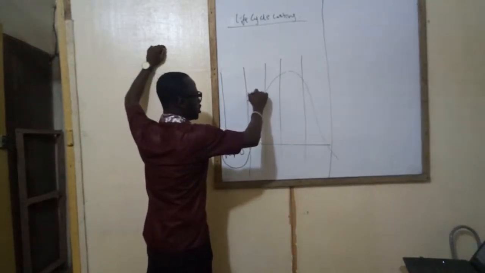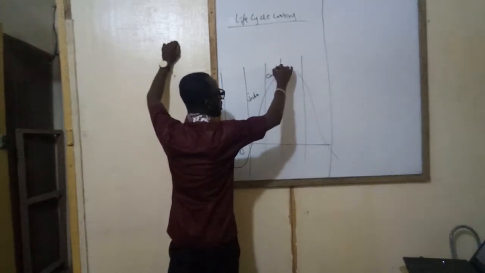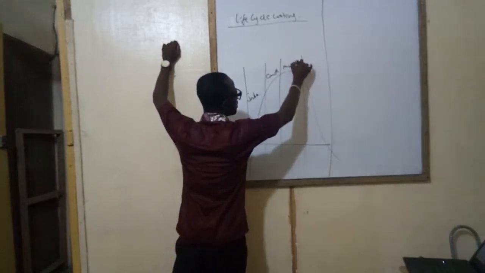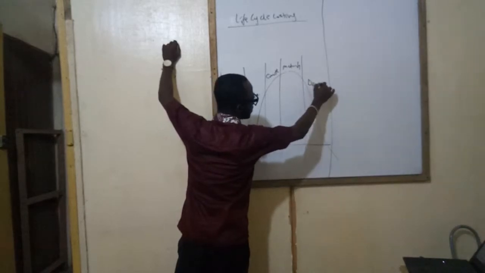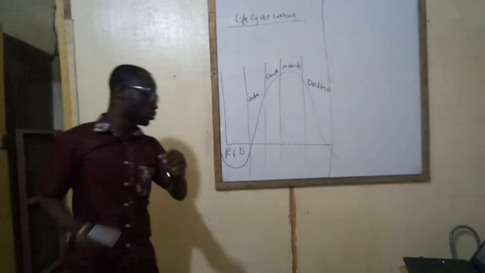Then the product will be introduced, so the introduction stage. Then we go to the growth stage, then the maturity stage, then the decline stage. So these are the 5 stages that each product goes through.